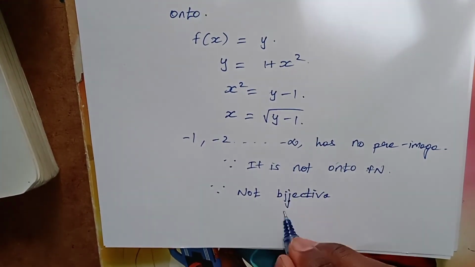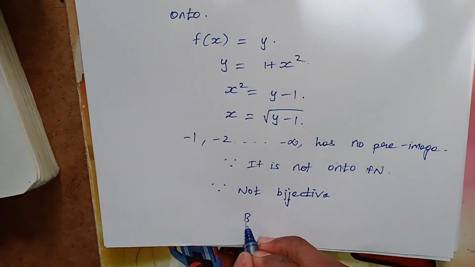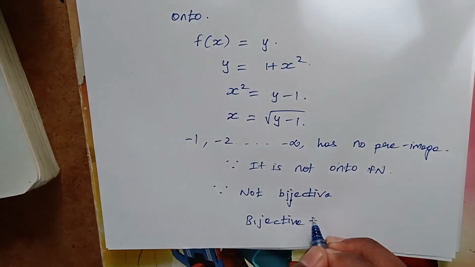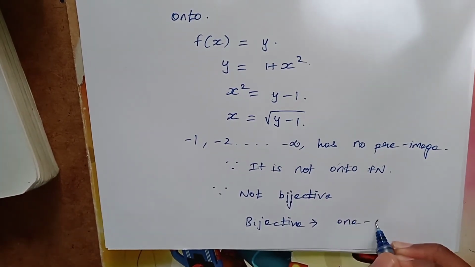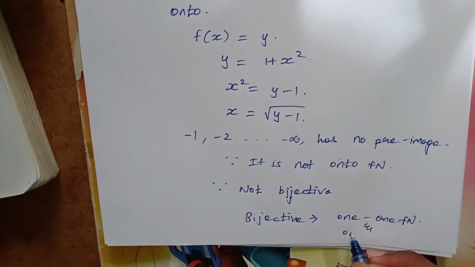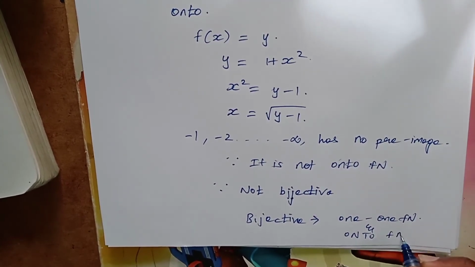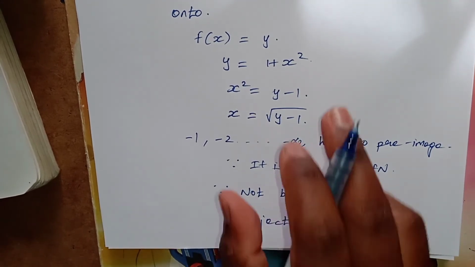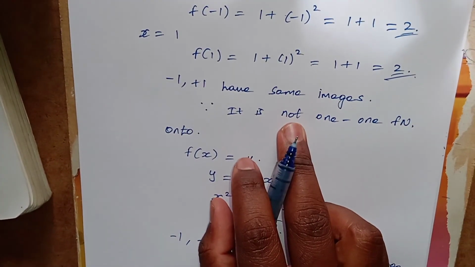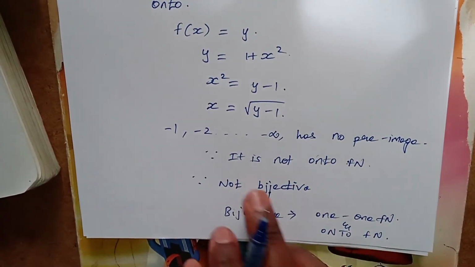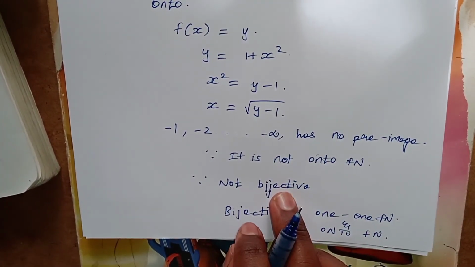Bijective means it should satisfy both 1-1 function and onto function. But here it does not satisfy 1-1 and onto, therefore it is not a bijective function.